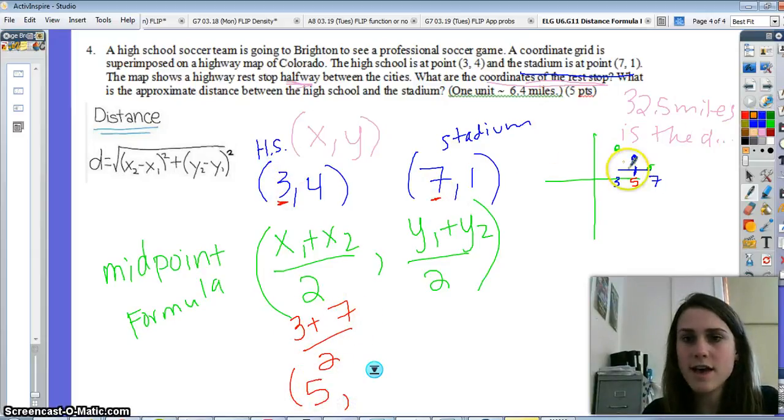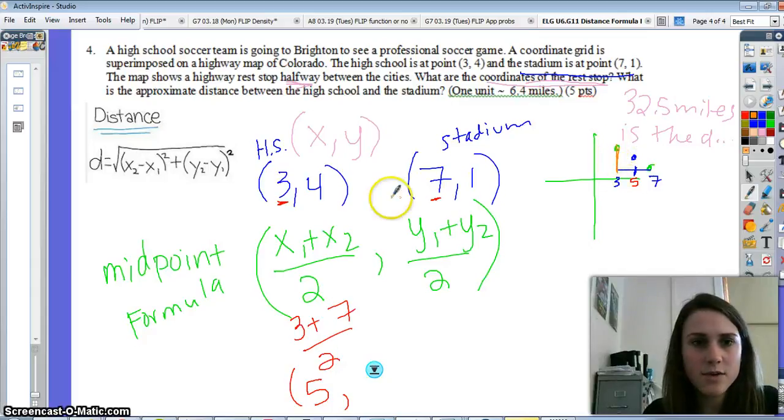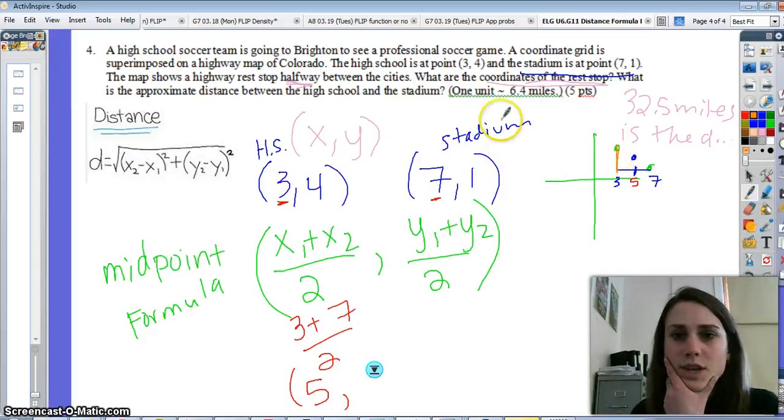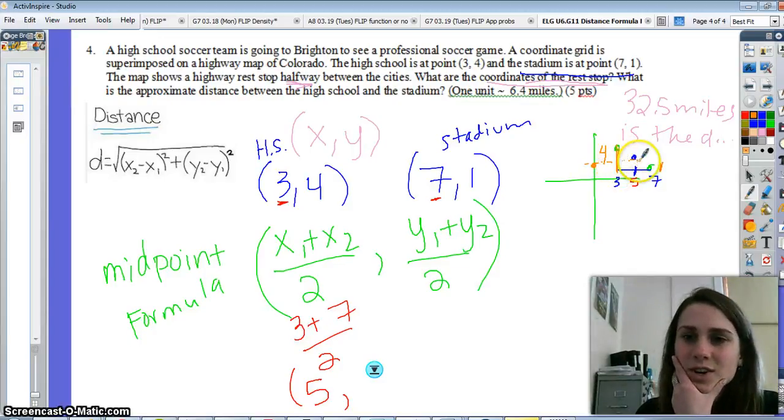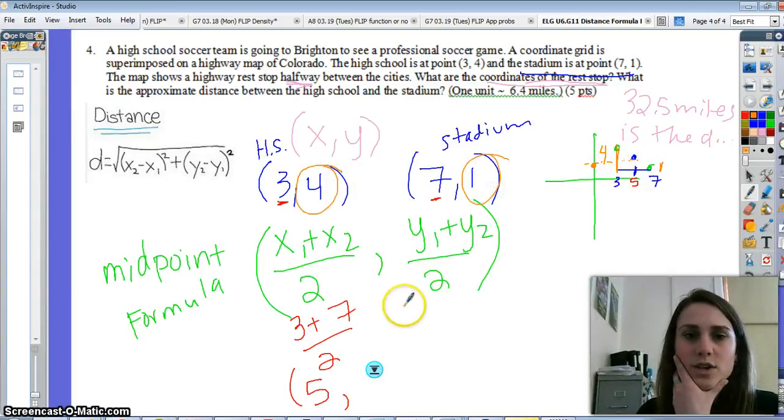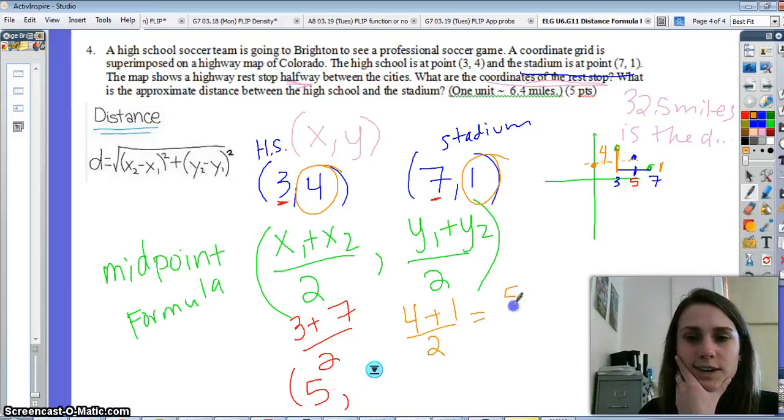Now what about the y values? Again, if these points are plotted and my y value of the high school is 4 and my y value of the stadium is 1, I want to find what is the y value. What is this point right here that's halfway between those y's? A little trickier maybe for this one. So let's plug our y's into the equation. 4 plus 1 divided by 2 equals 5 divided by 2, which equals 2.5.